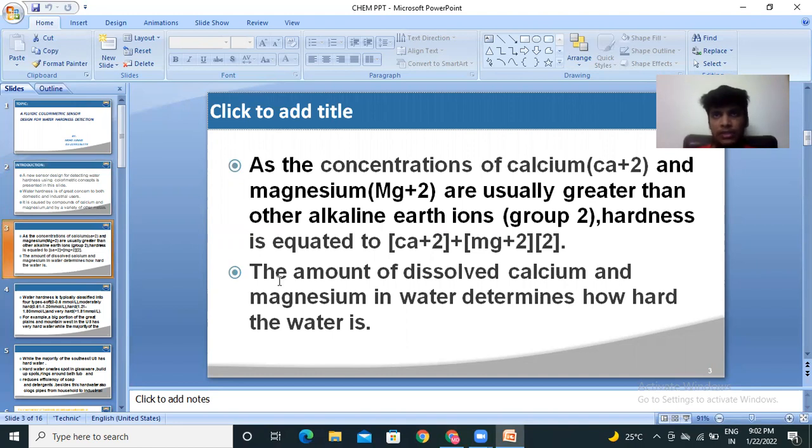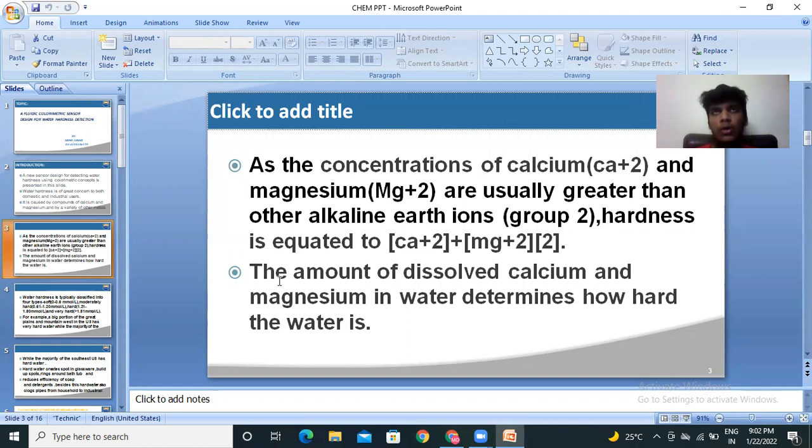We take the major compounds as magnesium and calcium, right? So when we are dissolving the magnesium and calcium into the water, the amount of magnesium and calcium that is dissolved determines the hardness of the water.